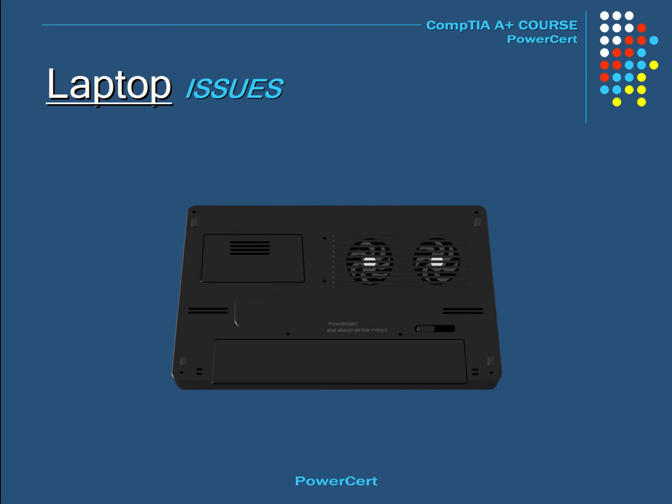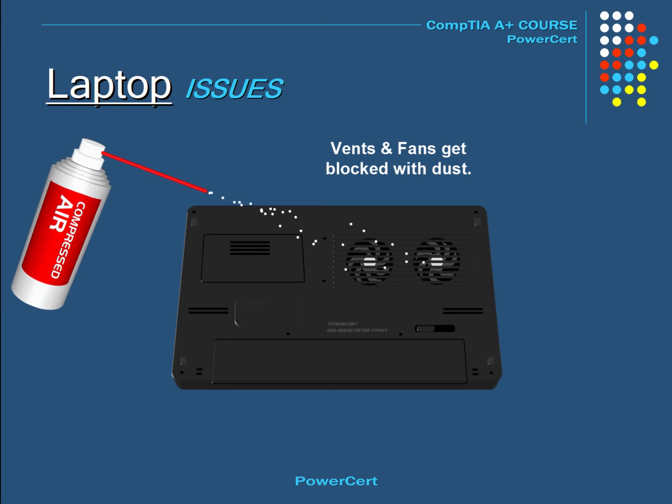And air passes through these vents and fans to help cool the laptop. But if these vents are blocked, for example with dust, or if the fans are dusty, it will hinder the laptop's cooling ability. So the best way to fix this is to get a can of compressed air and blow out the vents and fans and free them from any dust or debris.